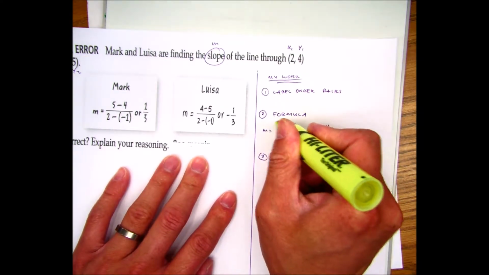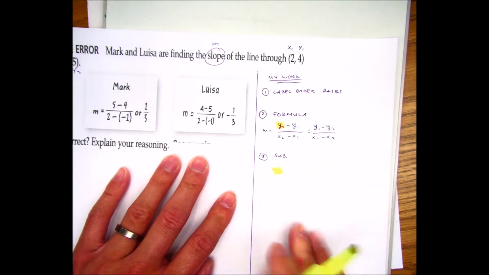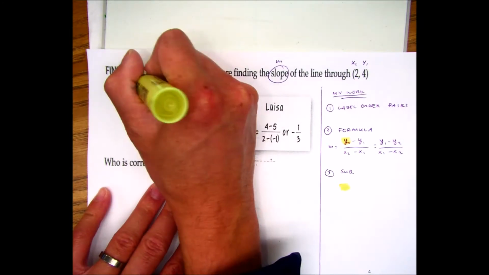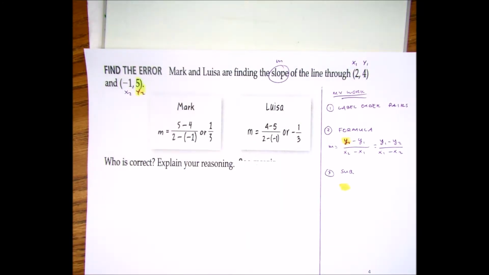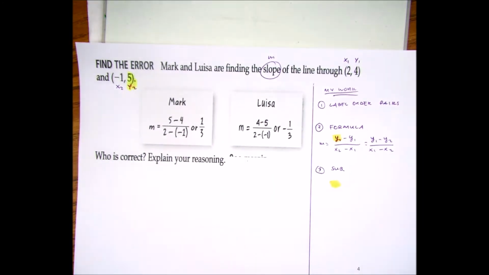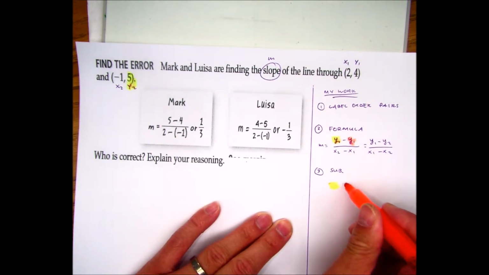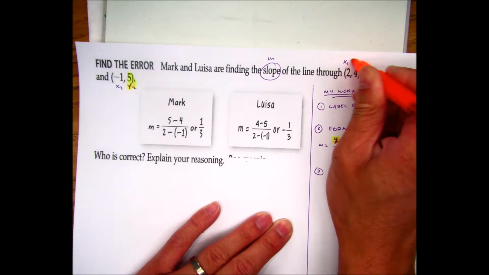The third thing I'm going to do is a substitution. The y2 value, that's going to be 5. My y1 value is going to be here.